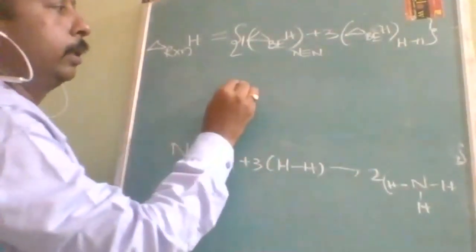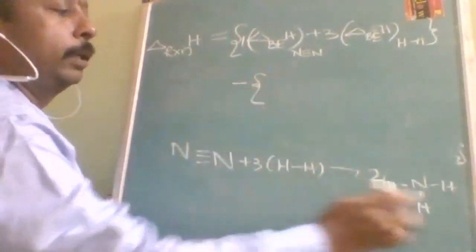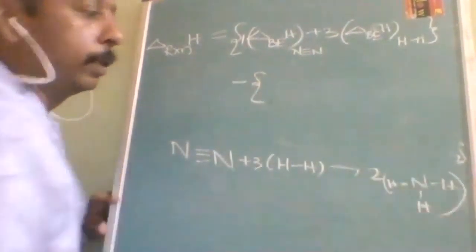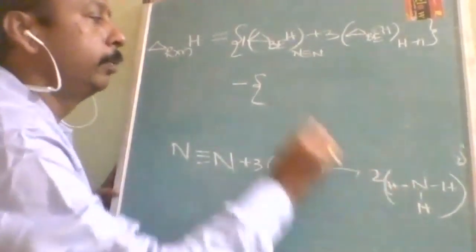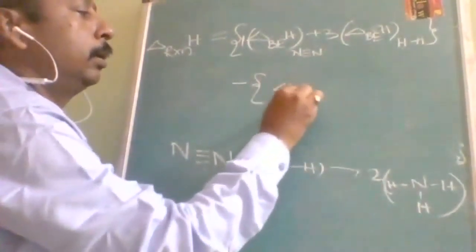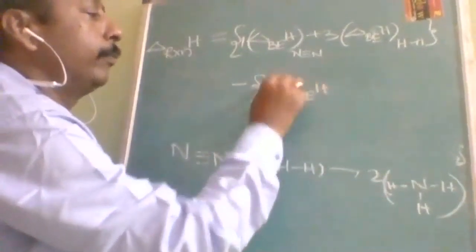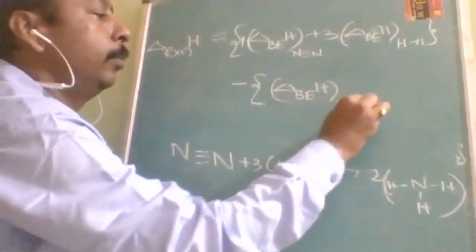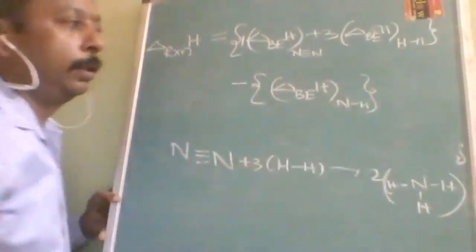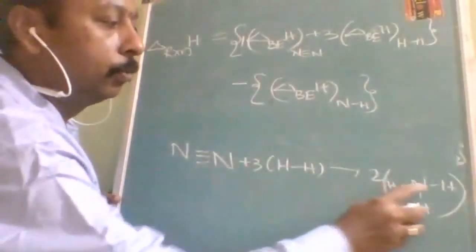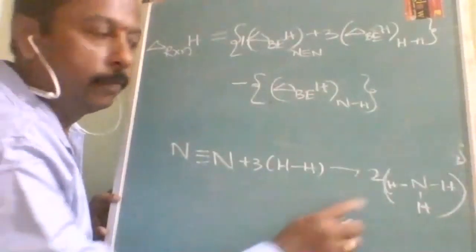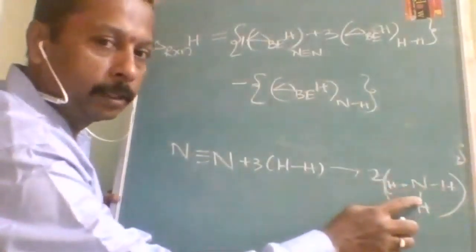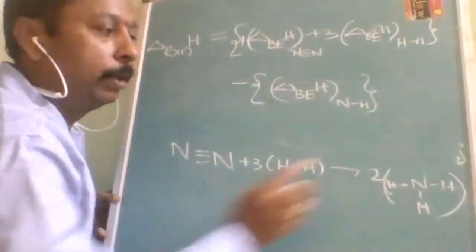Then minus product. Here there is only one product, and it contains only one type of bond. What is that bond? Bond enthalpy of N single bond H. But how many? One, two, three. In one molecule, listen carefully, three bonds are there, and like that two molecules are there.